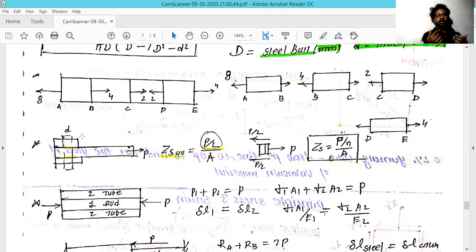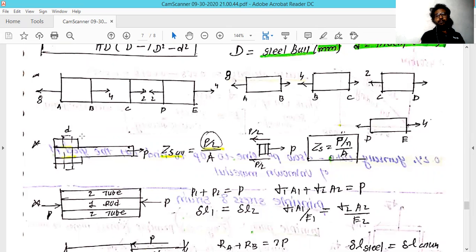If you subtract 4 from 8 kilonewton, how much remains? 4 kilonewton, directed toward the left-hand side, which again shows a tensile force. So in the BC section, the force is 4 kilonewton, since 8 minus 4 is equal to 4, and it is tensile.